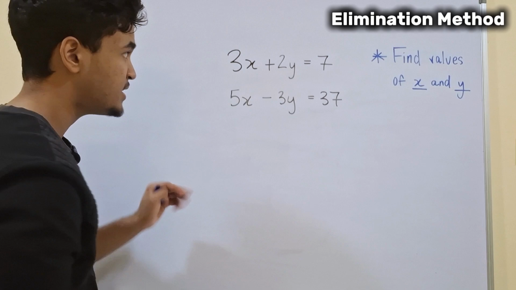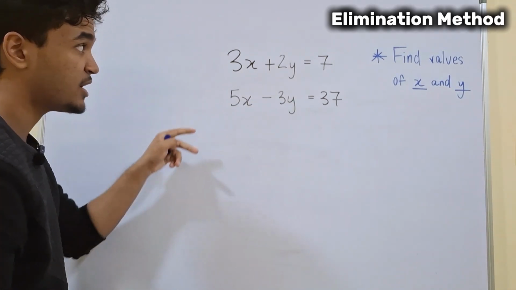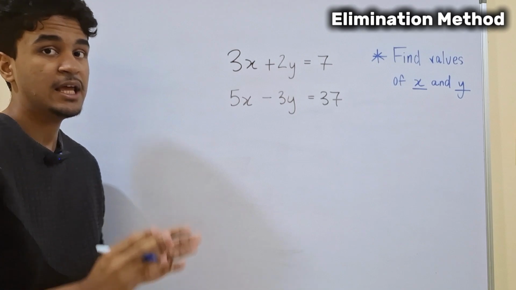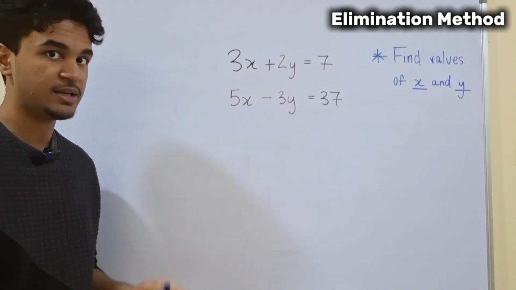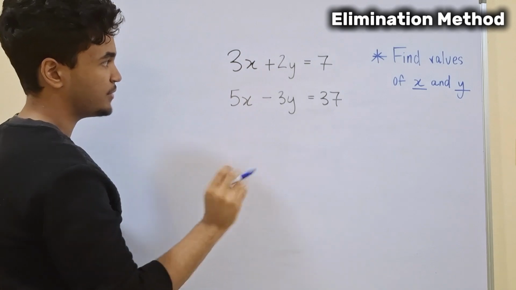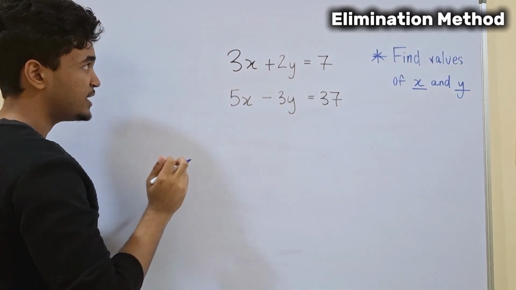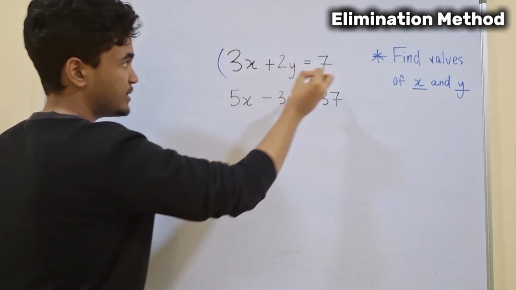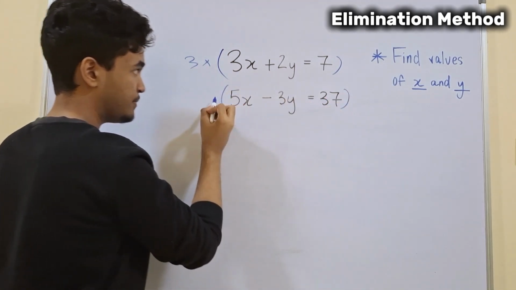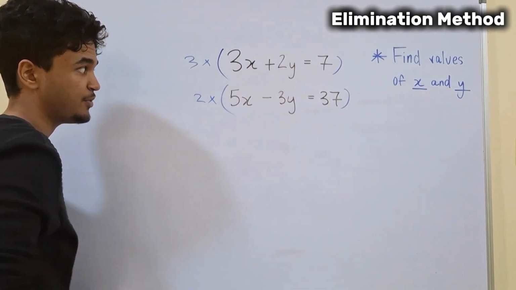So that is why in this question, what we're going to do is that we're going to multiply both equations so that we get a common coefficient in them so that we can cancel them out. So what are we going to do? In this equation, we can multiply this one with 3 and multiply this one with 2, right?